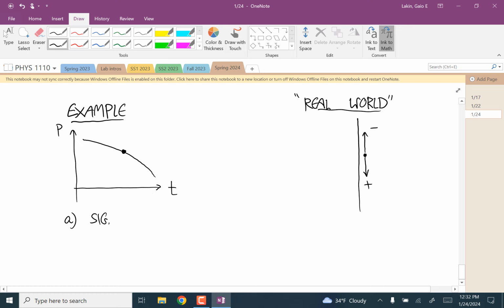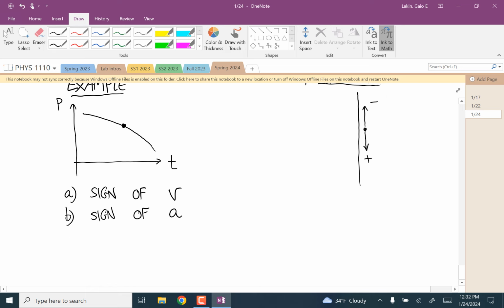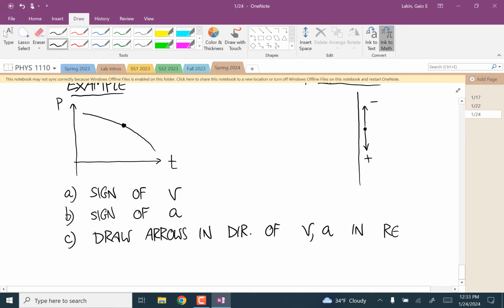And we want to determine the sign of the velocity, the sign of the acceleration, we want to draw arrows in the directions of velocity and acceleration in the real world.